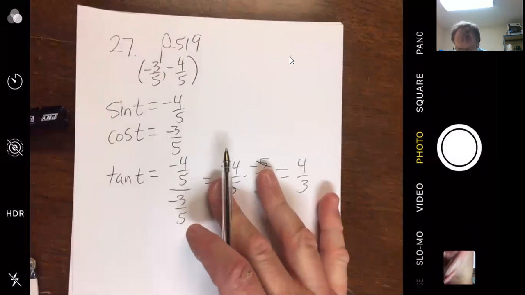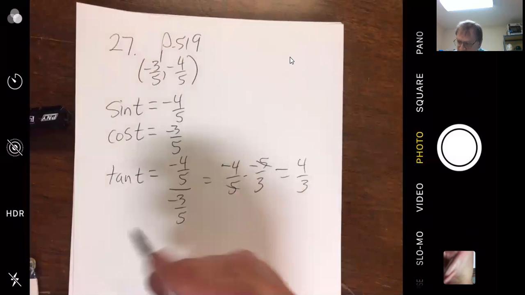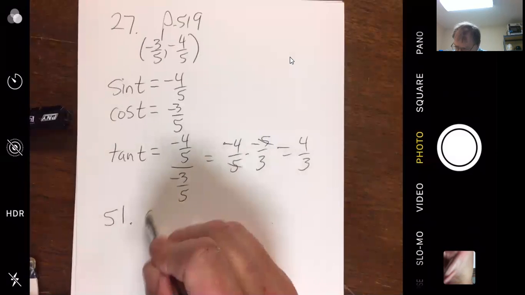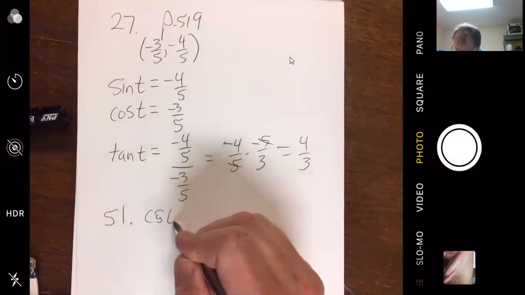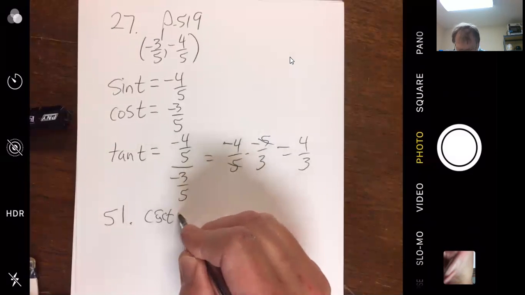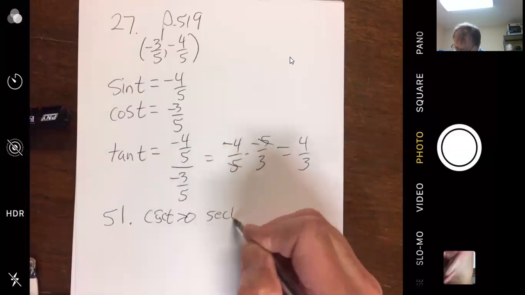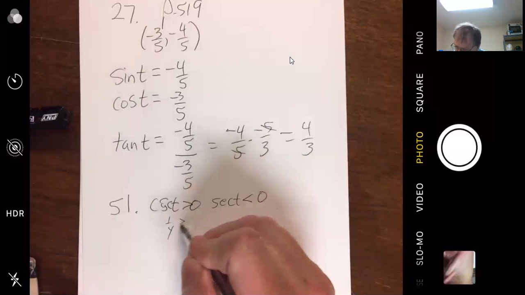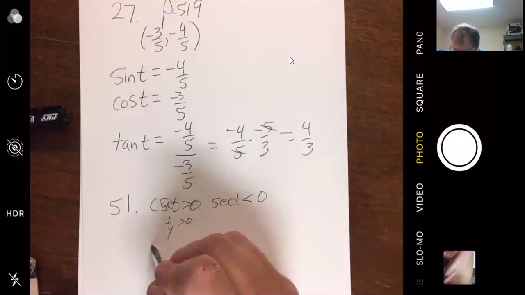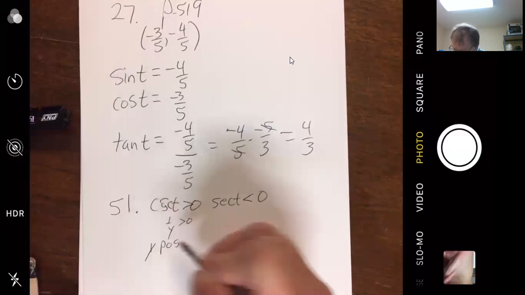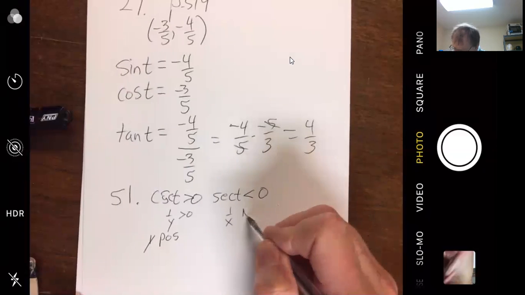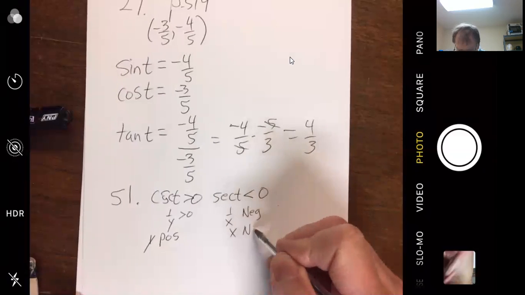Let's see, further on down. How about one like 51? Your cosecant of t greater than 0, and your secant of t less than 0. This means 1 over y is greater than 0, positive, so y is positive. And your 1 over your x is negative, and so your x is negative.